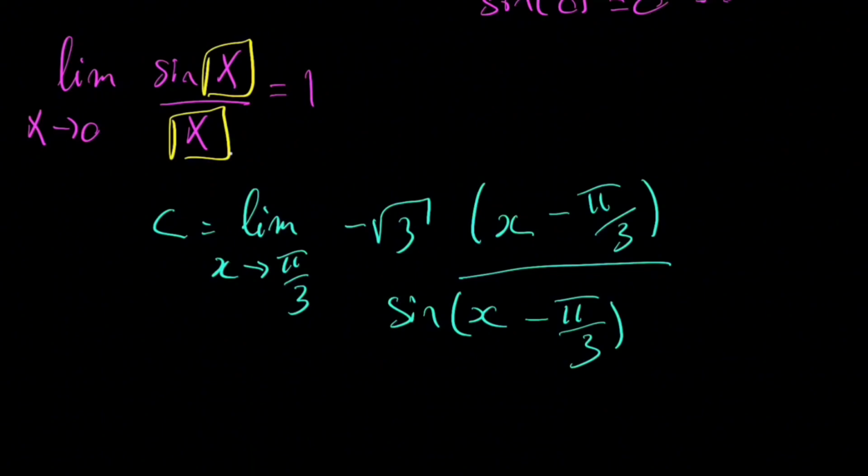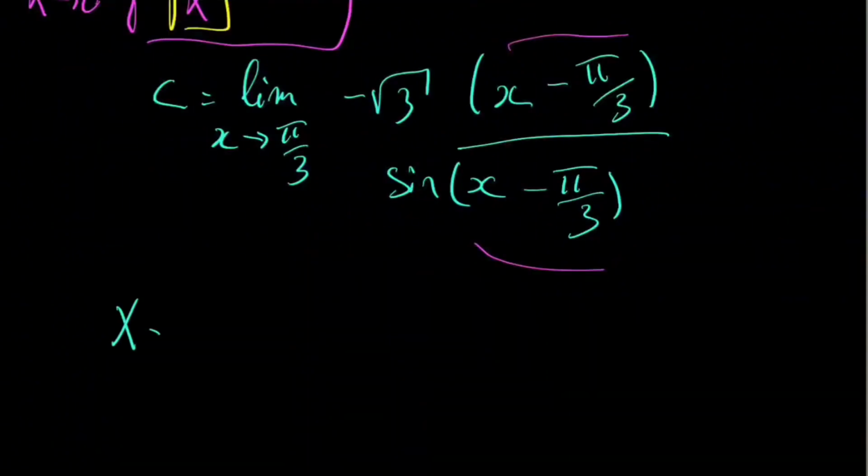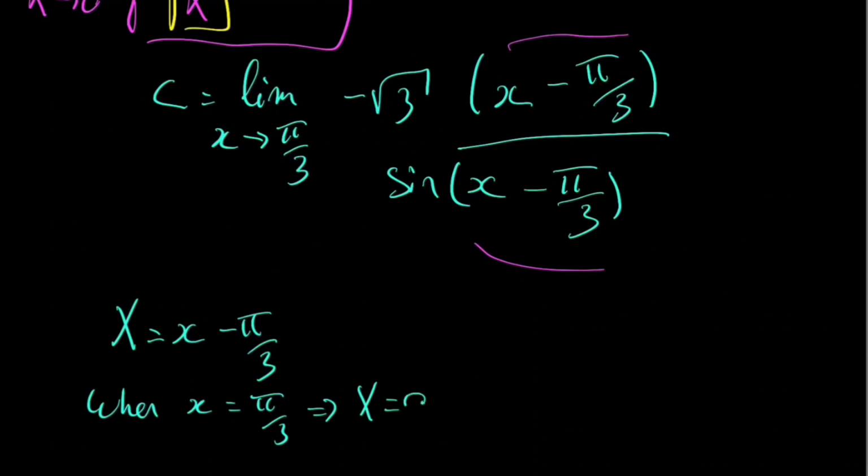These two things are the same. So let's call capital X equal to x minus pi over 3. When x tends to pi over 3, it implies that capital X tends to 0.